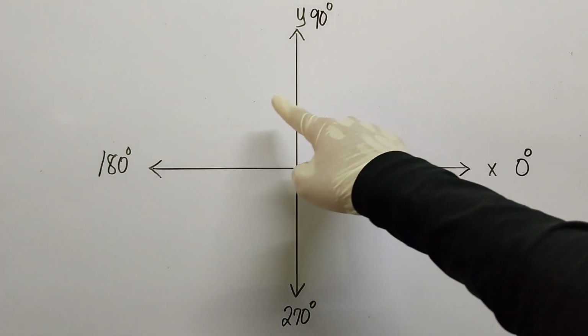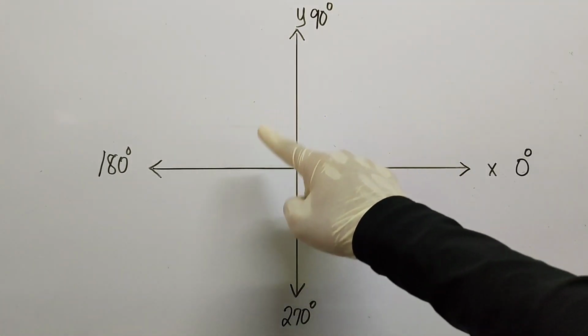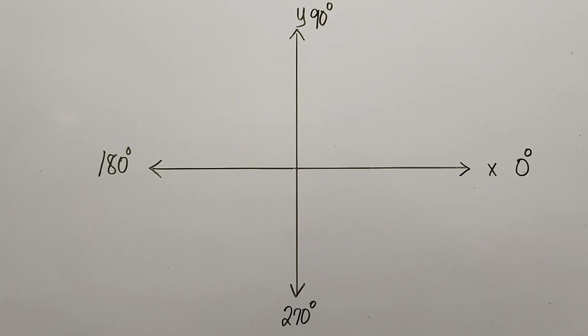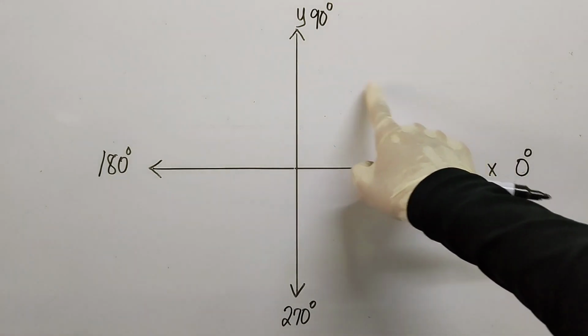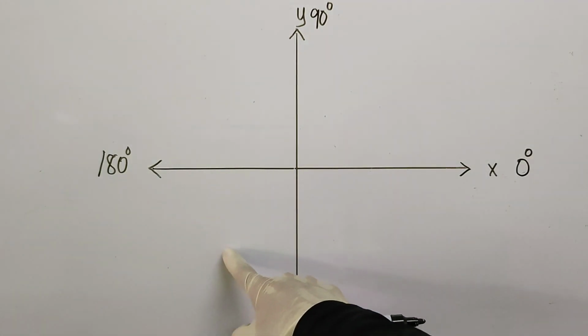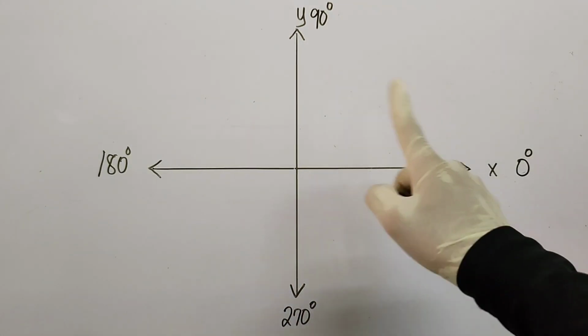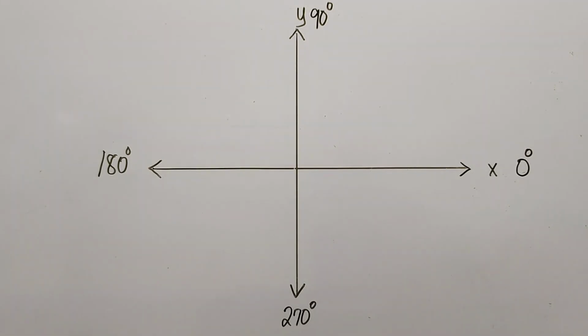So if the rotation is counterclockwise, the measurement of our angle is positive. For our quadrants, this is quadrant 1, this is quadrant 2, this is quadrant 3, and this is quadrant 4. So we will now consider the counterclockwise direction of our rotation.